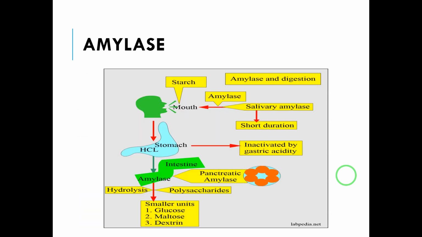The first enzyme, which is very important, is amylase, which is a carbohydrate-splitting or carbohydrate-digesting enzyme. It is a hydrolase class enzyme, responsible for the hydrolysis of the 1,4-glycosidic linkage of the polysaccharide, whether the molecule is a straight chain carbohydrate or a branched chain carbohydrate such as glycogen.